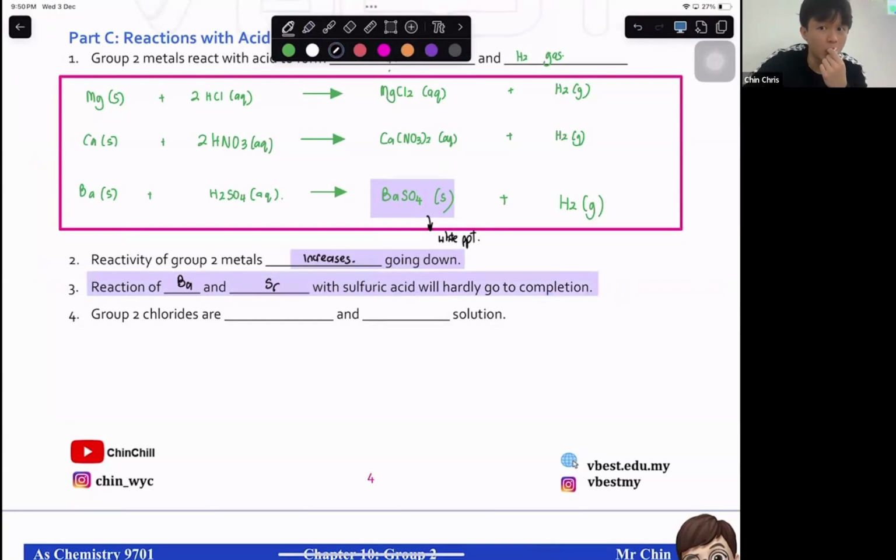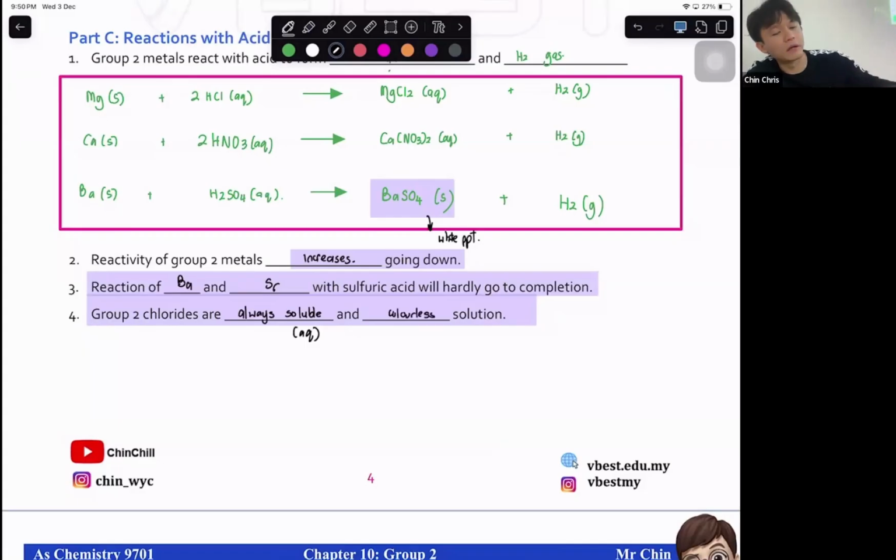It will never go to completion, in fact. I'll explain it later. Any group 2 chloride is always soluble, which means it's always aq and it's a colorless solution.